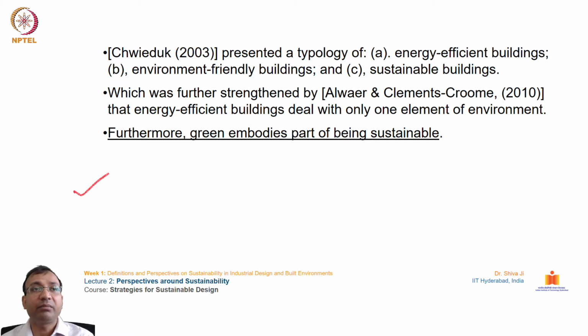Energy saving is one of the aspects among sustainable practices, but there are a lot of other things than just energy saving. So next comes the environment friendly building. In this category, the buildings tend to be environment friendly. For example, they should not pollute. Every building works as an organism.